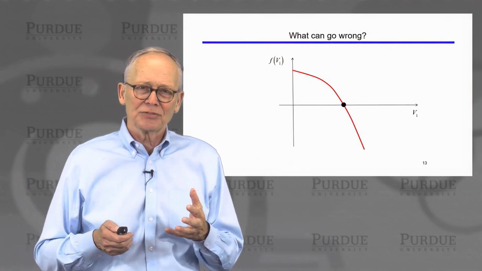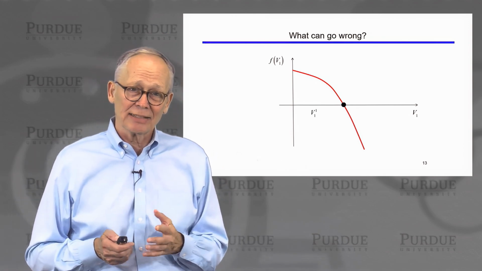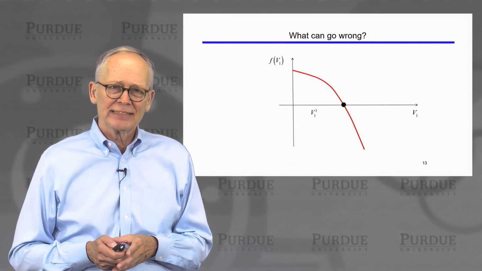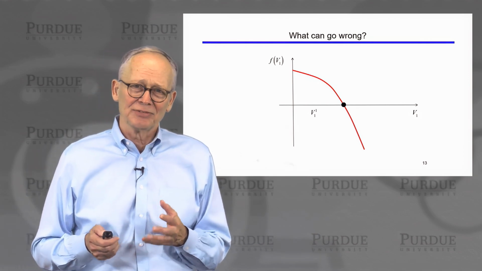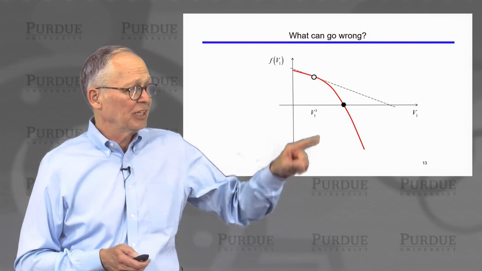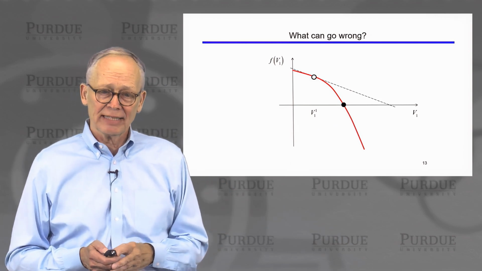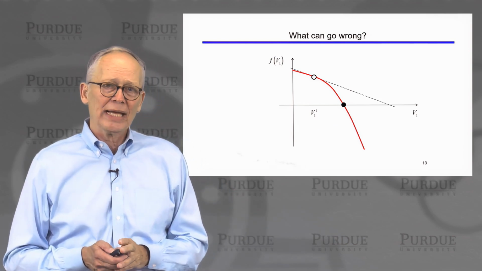All right, so it all looks very good. What could possibly go wrong? Well, it turns out a lot of things could go wrong. So for example, what if my first guess wasn't very good? What if I was a long ways away from the solution? You can see that when I do my Taylor series expansion and extrapolate to a better guess, I've way overshot.